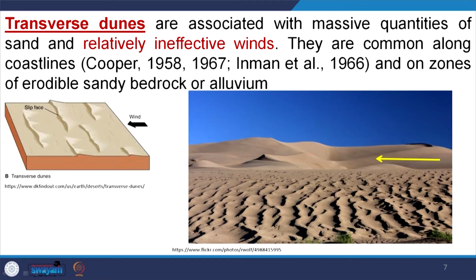For example, in these two figures, this is the dune axis, this is the dune axis, and this is the wind blown direction. That means the sand waves, the dunes, form perpendicular to the wind blown direction. Similarly, it is seen also here.